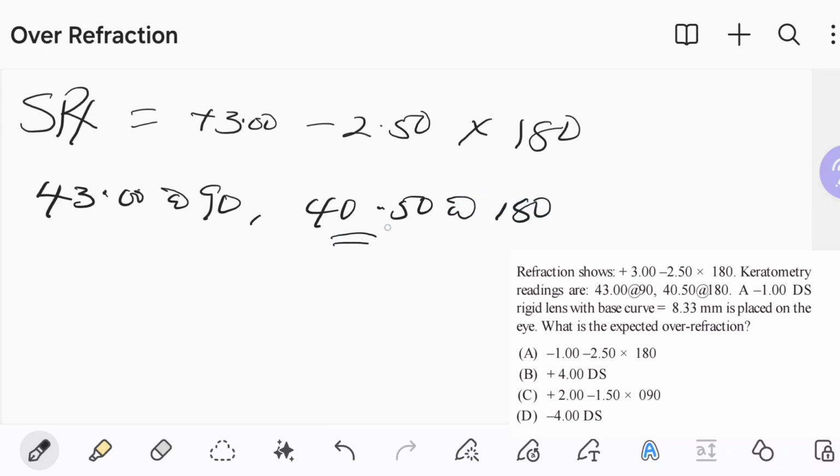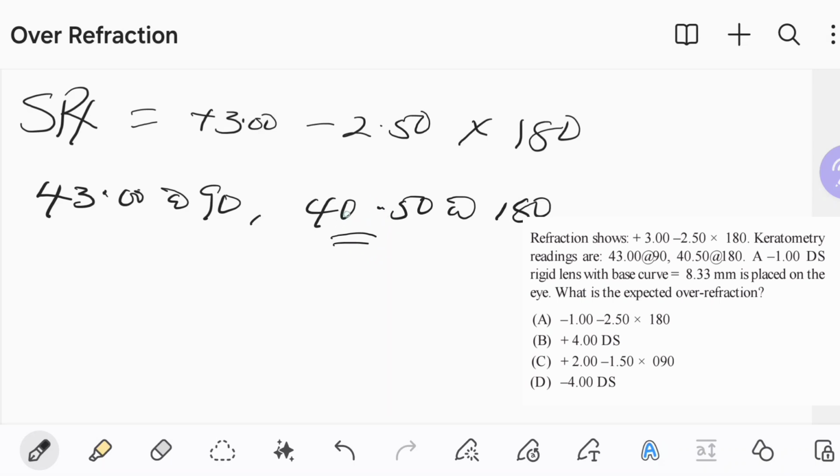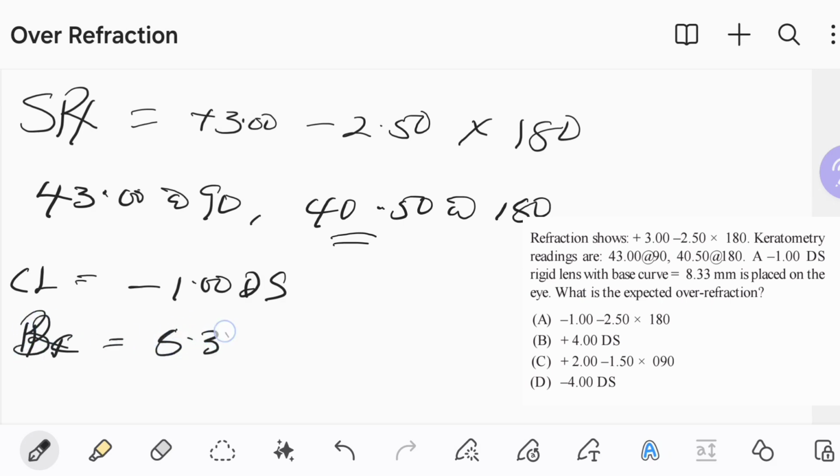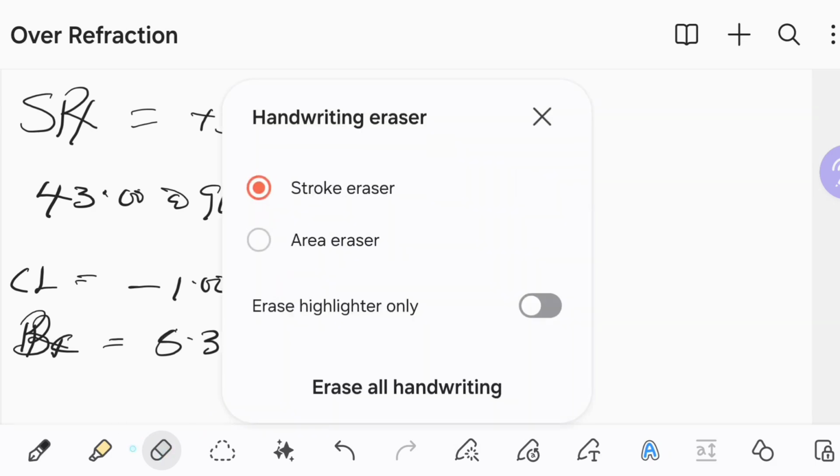So this is the flatter K, because it's the one that has the lower value. Then the contact lens we are given is a minus 1.00 DS with a radius of curvature, the base curve, the BC, of 8.33 millimeters. The question asked: what is the expected over refraction? So let's continue.